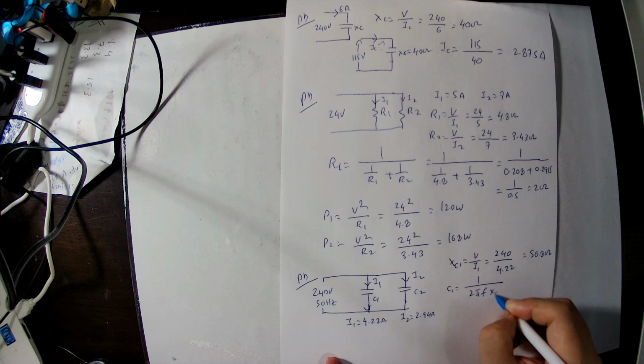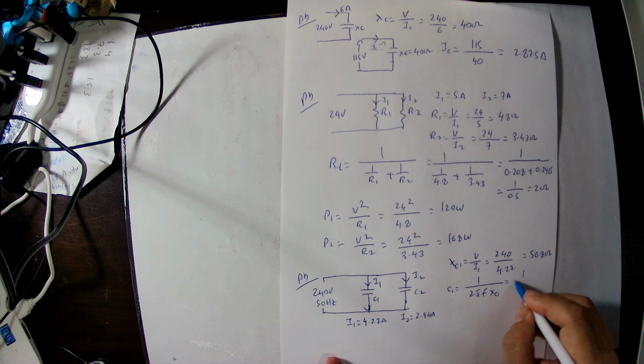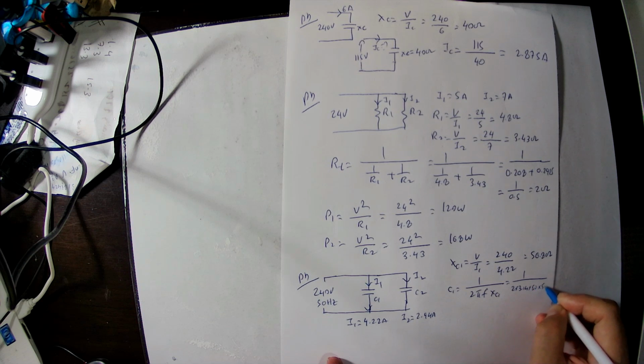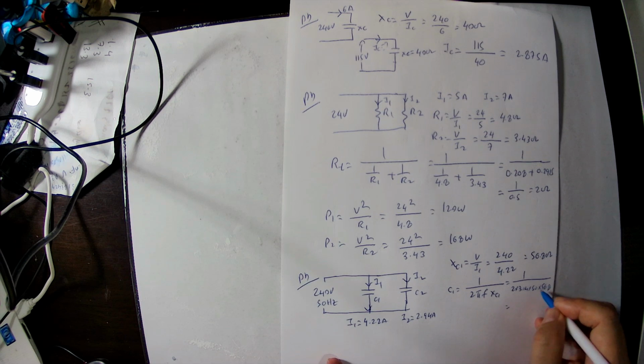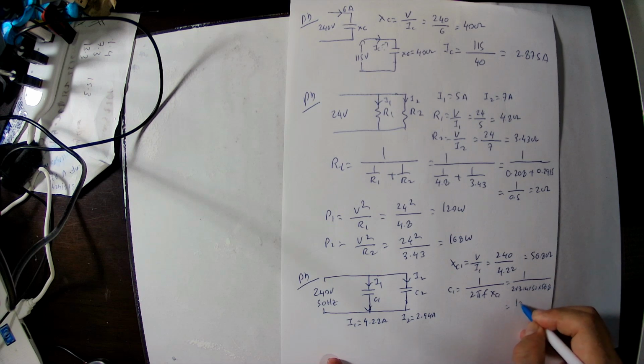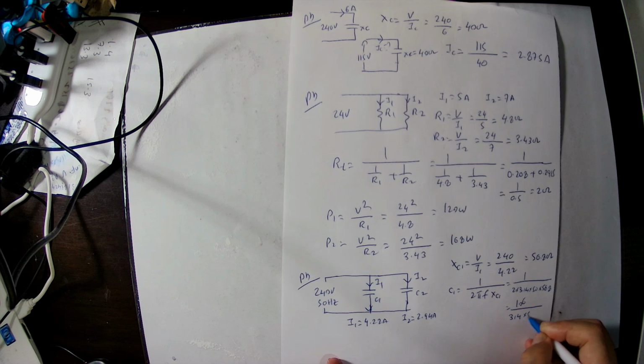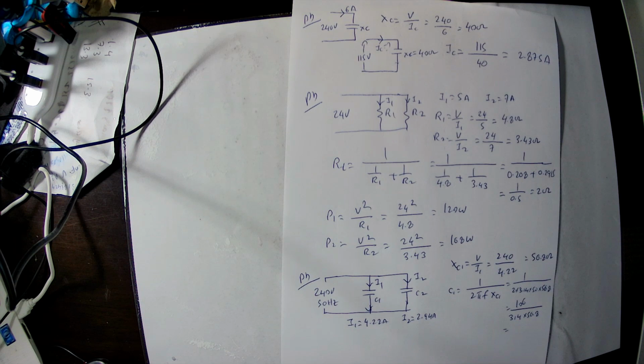So 1 divided by 2 into 3.14 into 50 into 56.8. That will be in farad, and with 10 power 6 we can calculate microfarad. So 10 power 6 divided by 314 into 56.8. So the C1 value will be about 56 microfarad.